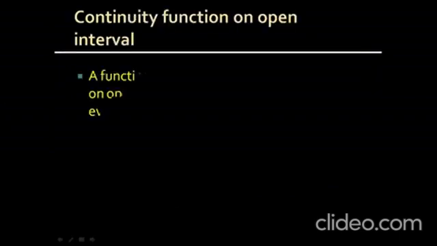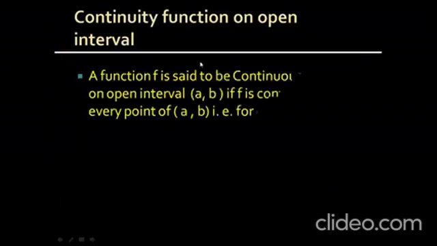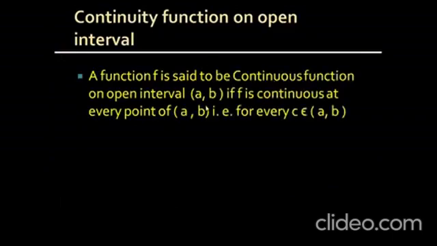A function f is said to be continuous on the open interval (a, b) if f is continuous at every point of (a, b). That is, if we consider a point c belonging to the open interval (a, b), then the function should show continuity at the point c.